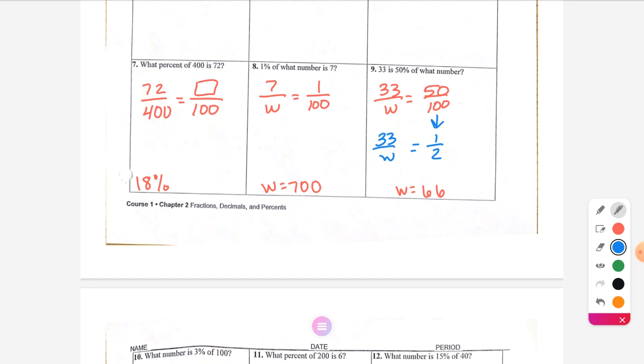So if you get stuck, I have them set up and kind of simplified the last one. I'm going to do the same thing with the back, so I'm just going to write the answers for 10 through 15 up here.